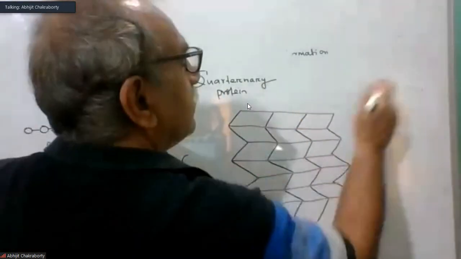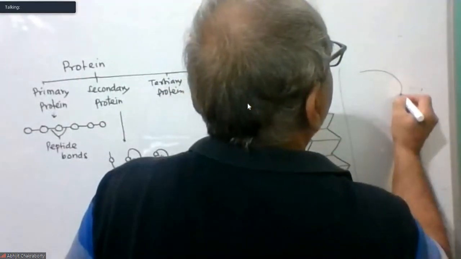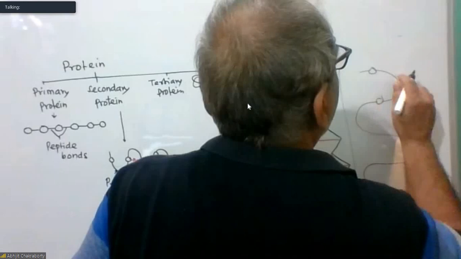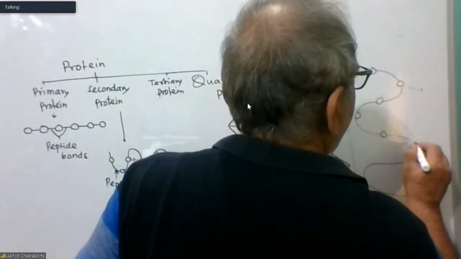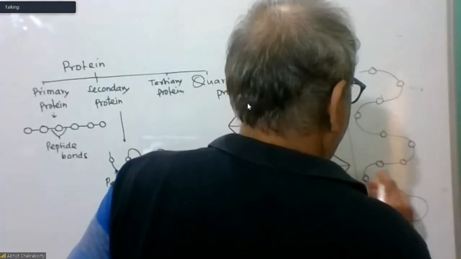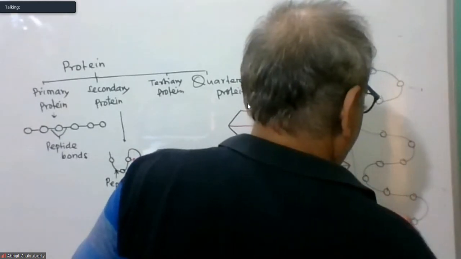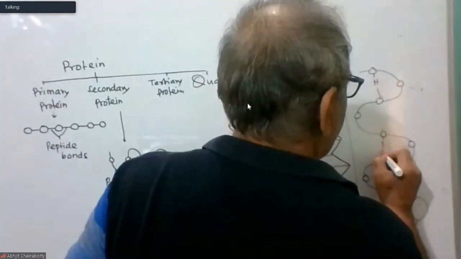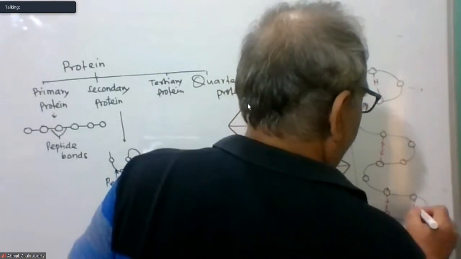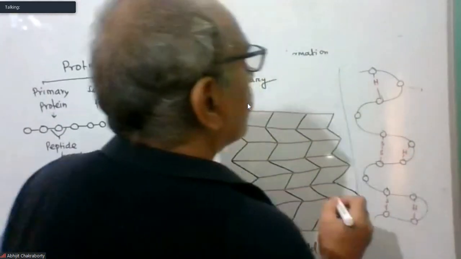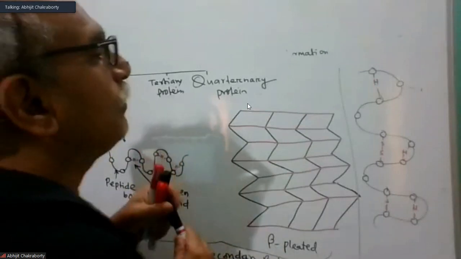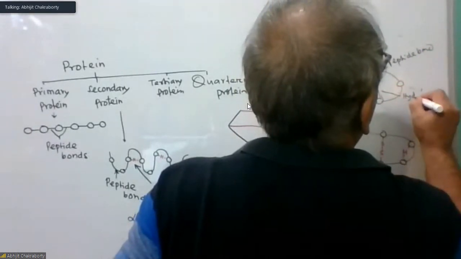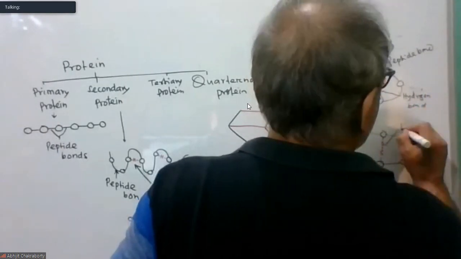Tertiary protein appears like this. So you see, beside the peptide bond and hydrogen bond, disulfide bonds are also found.